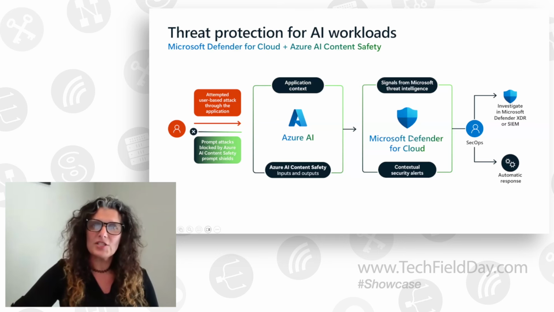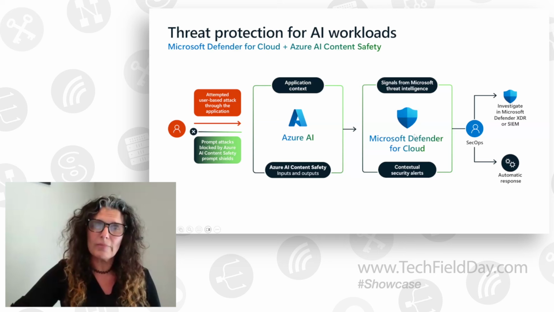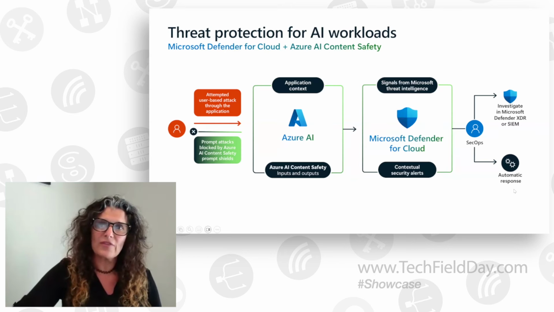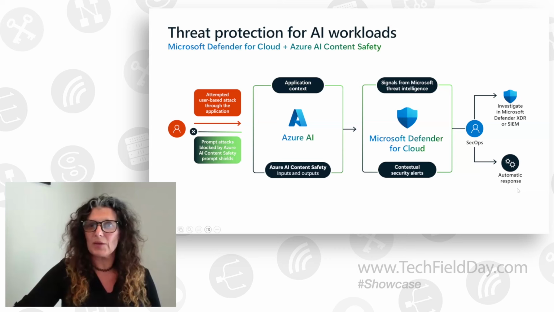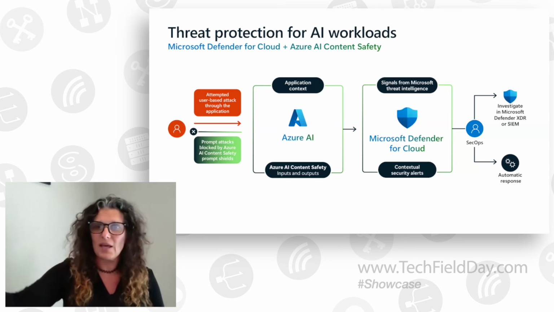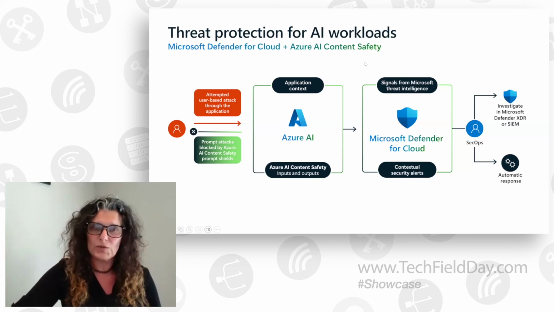At the same time, the SOC and the security admin will get an alert in Defender, which is enriched by Defender for Cloud. So the alert is enriched with the user, the location, the threat intelligence, all we think. So the security operations can either investigate or create an automatic response. For example, they can block or suspend the user automatically if it does X things. So it does 20 jailbreaks or it sees there's credential theft, stuff like that. It can also block the user.